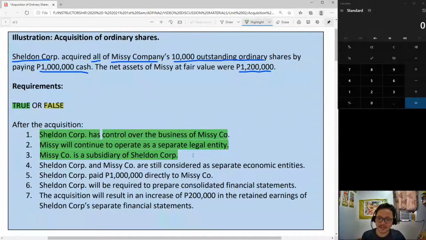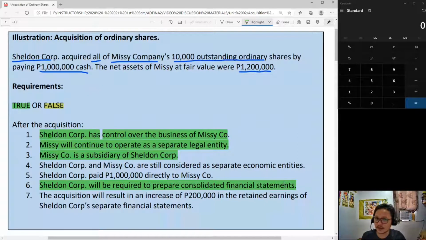Okay? And when I say merged into one, that means they are going to be prepared in what we call consolidated financial statements. So I just spoiled the fact that there is something related to consolidated financial statements on number 6. And yes, on number 6, Sheldon Corporation will be required to prepare consolidated financial statements.